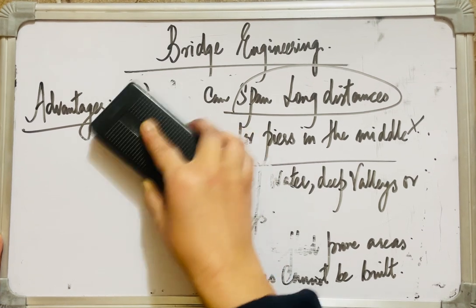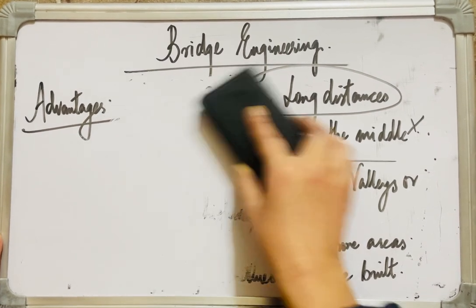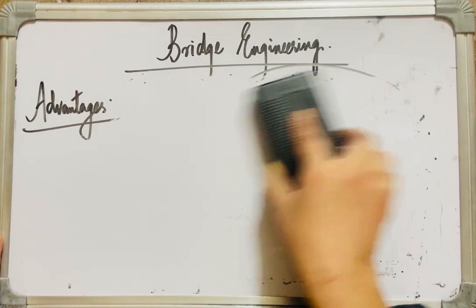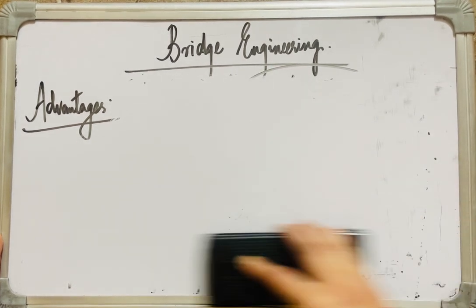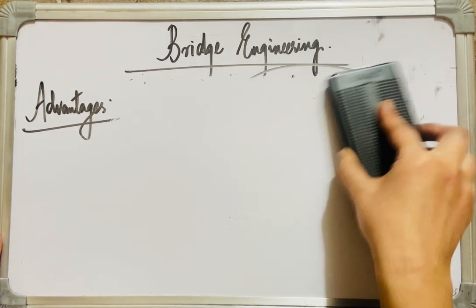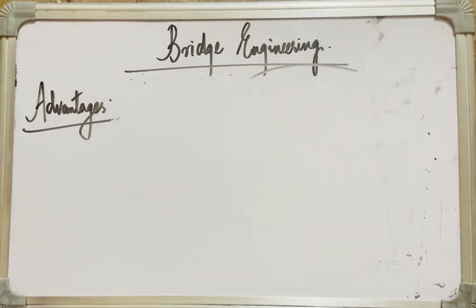This makes them suitable for deep rock valleys and flood-prone areas where these supporting structures or piers cannot be built. So essentially a long span can be created out of these bridges without the need for intermediate supports in between. All right, next one.